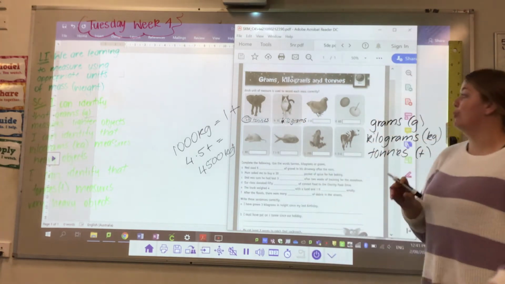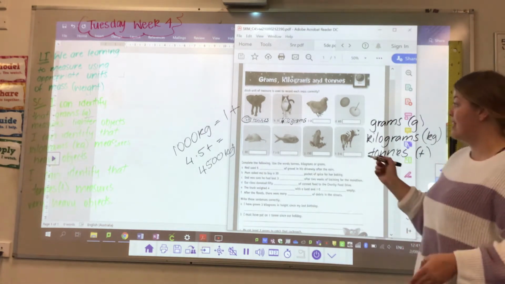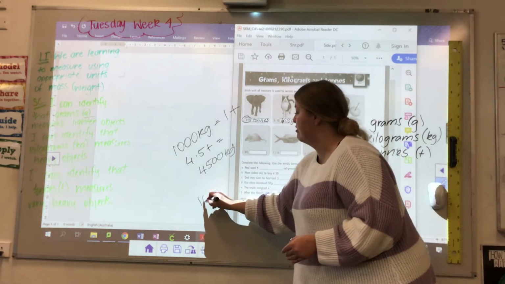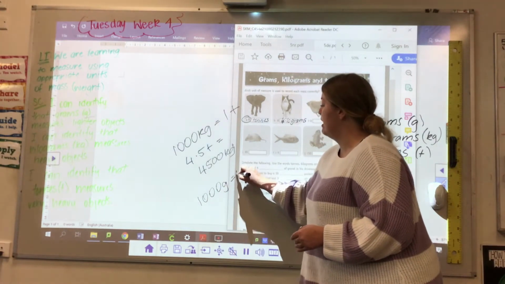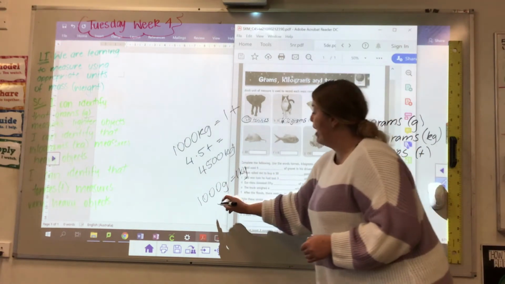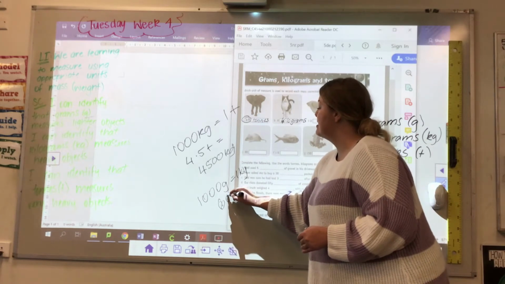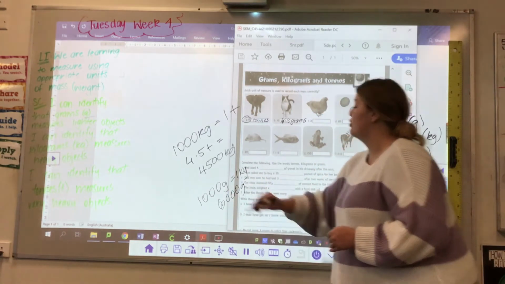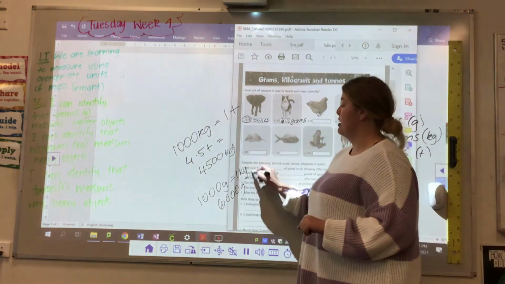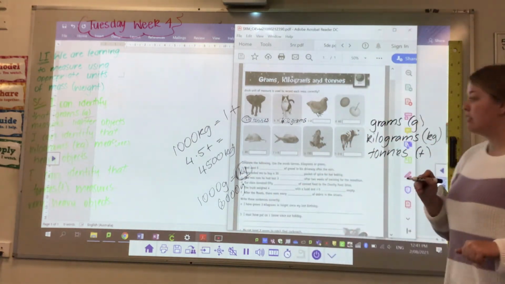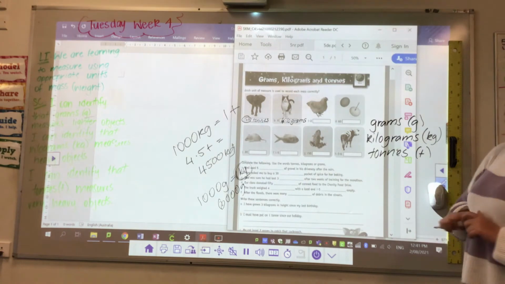And if we were to convert that into grams, that means that our cat, because there is 1,000 grams in a kilogram, our cat weighs, that's right, 6,000 grams. So the most accurate way for measuring the weight of a cat is in kilograms.